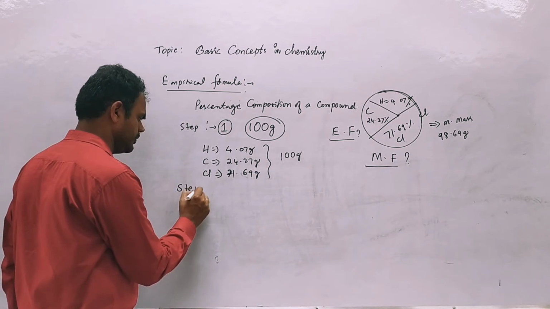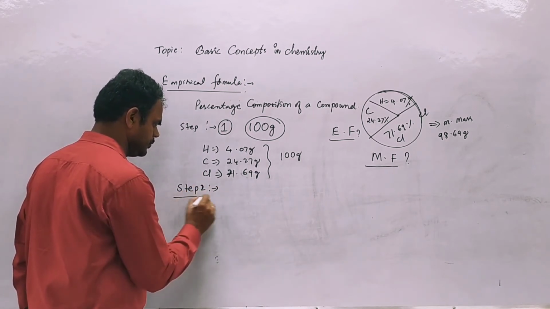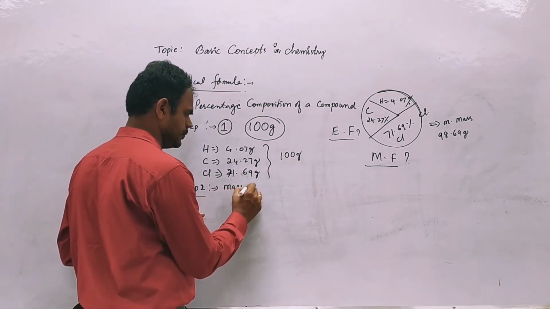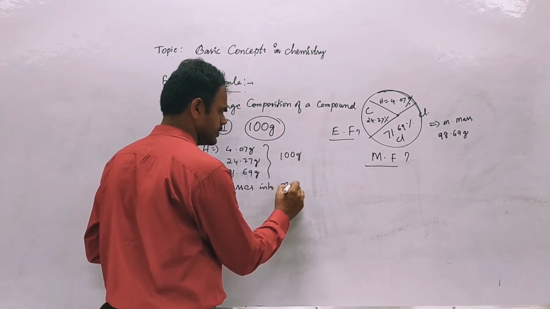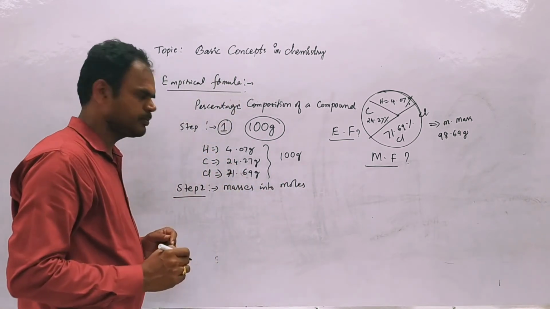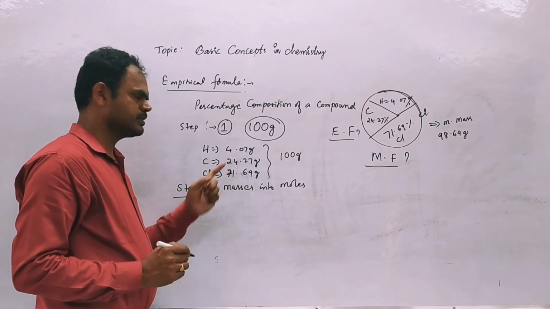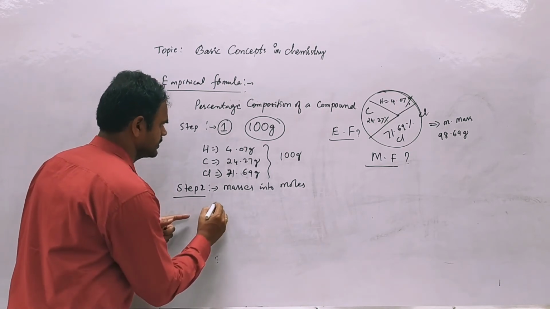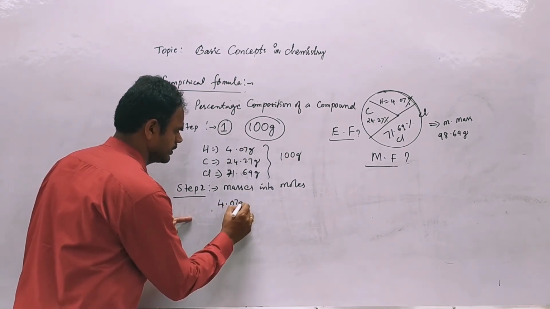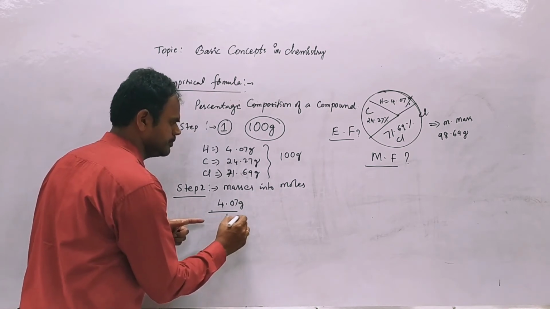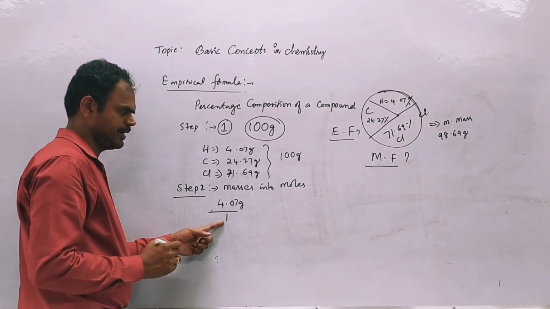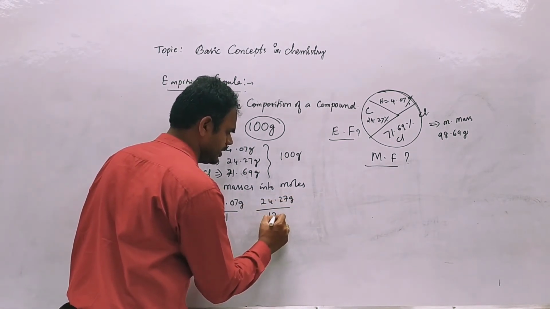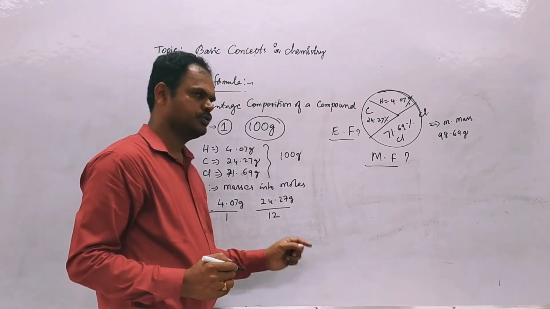Step 2: convert the masses into moles. Moles are given mass divided by gram atomic mass. So 4.07 grams divided by 1, since the atomic mass of hydrogen is 1, and 24.27 grams divided by 12, because the gram atomic mass of carbon is 12.